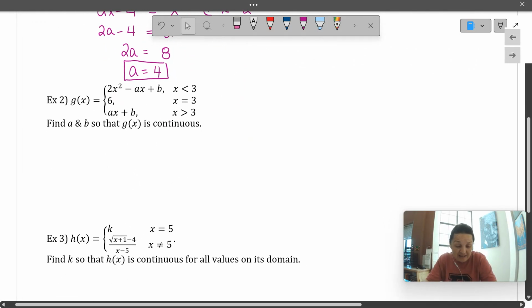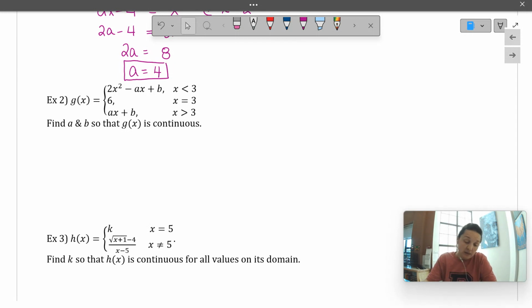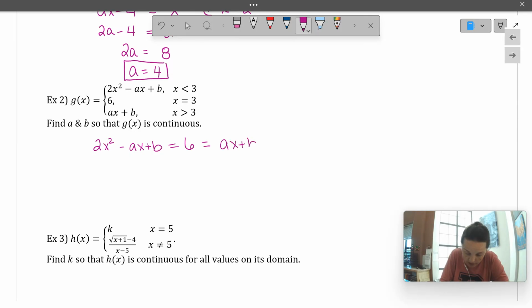The next one says connect the parabola to the dot to the line. Find a and b so that g of x is continuous. Okay, so I need 2x squared minus ax plus b to equal 6 to equal ax plus b, where all that stuff is broken at x equals 3.